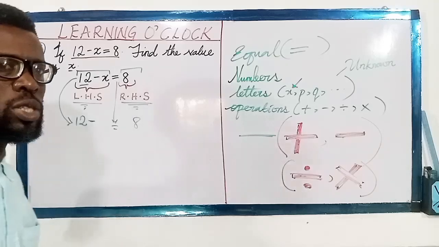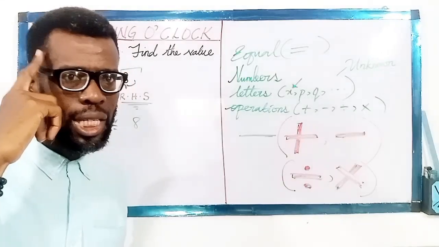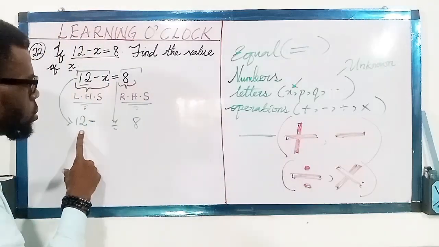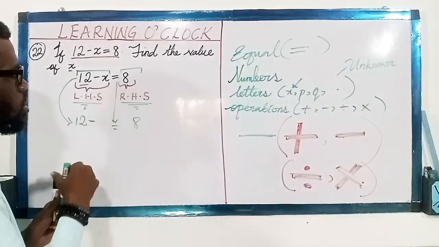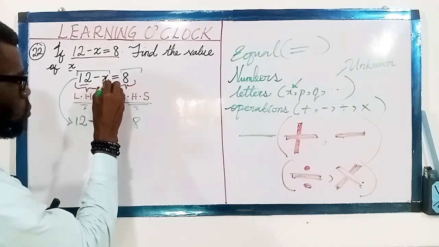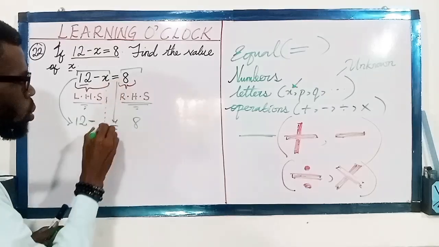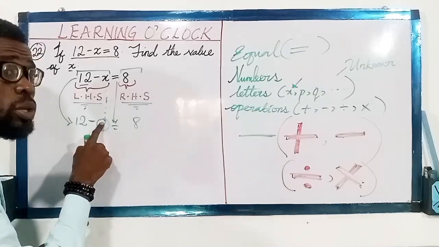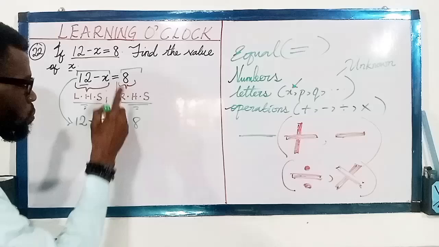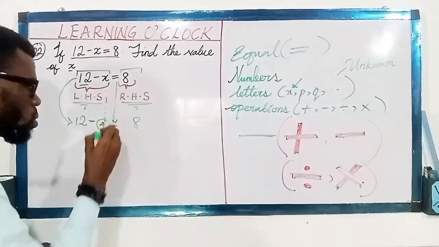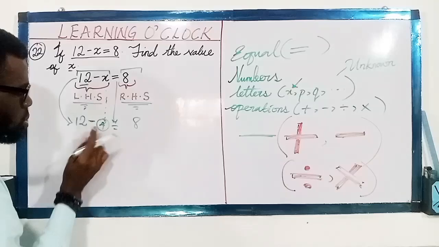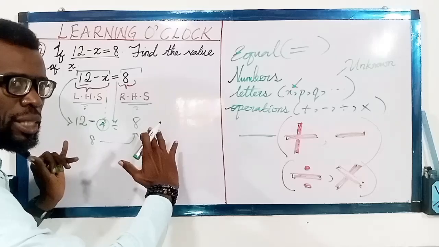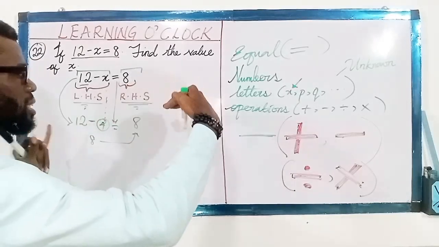This is us just reasoning through. 12 minus what will be equal to 8? That means 12 minus 4. So 12 minus 4 is 8. You see, now it's balanced. So it's equal, the left hand and the right hand.